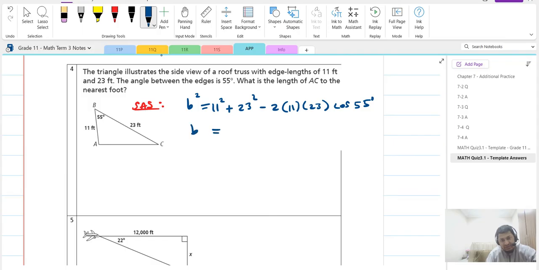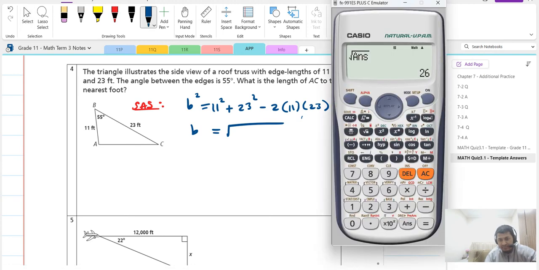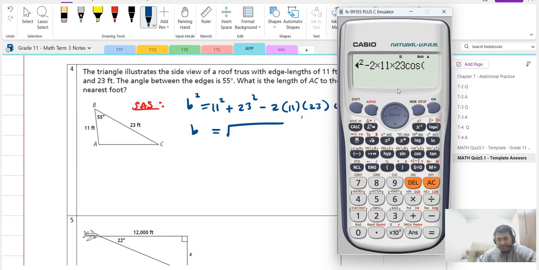Now we can write B is the square root of 11 squared plus 23 squared minus 2 times 11 times 23 cos 55.